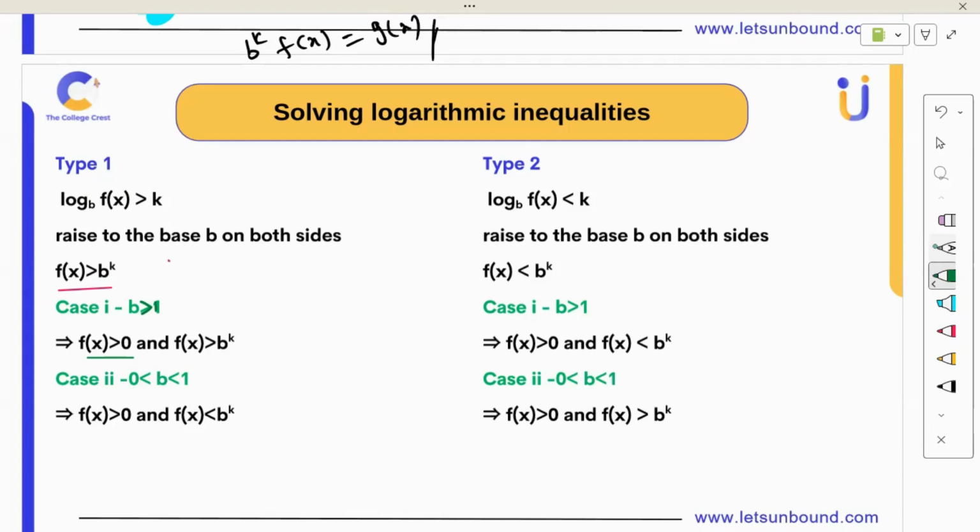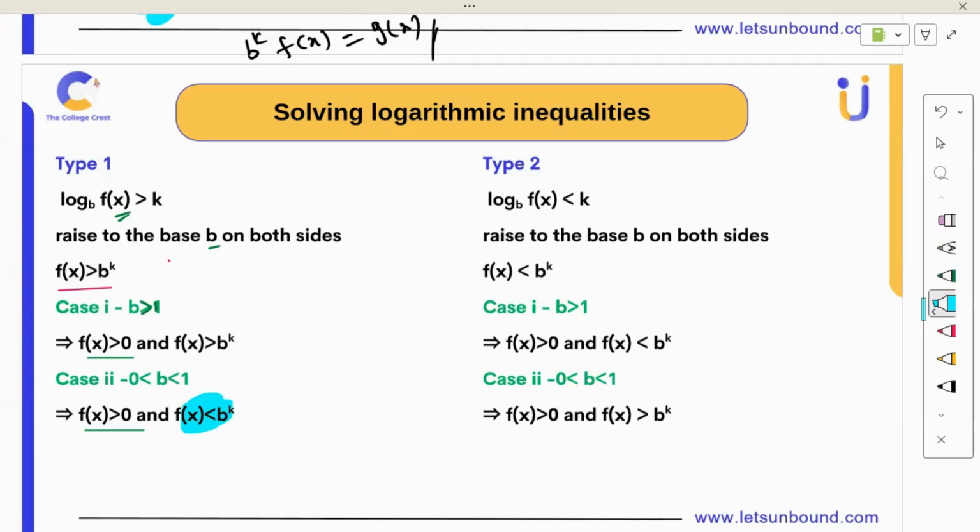And case 2, what if b is between 0 and 1? F of x greater than 0, that is for sure, the basic logarithmic thing. But the inequality sign will flip. It was greater, but I'm raising to the base b, which is between 0 and 1, which means the inequality will flip.